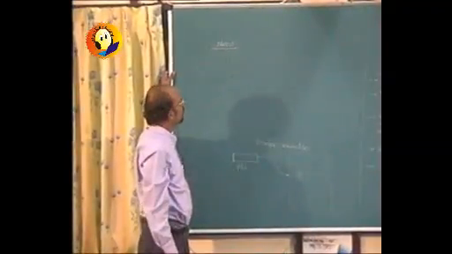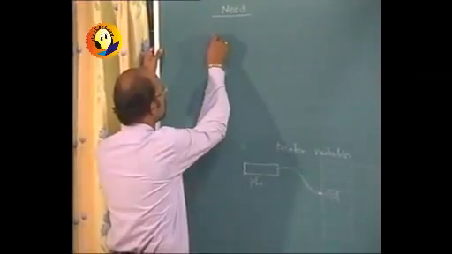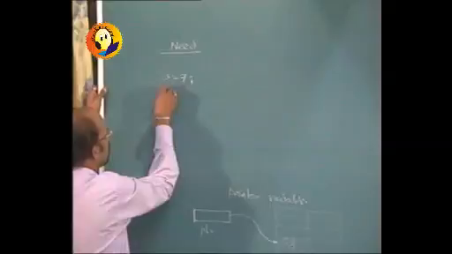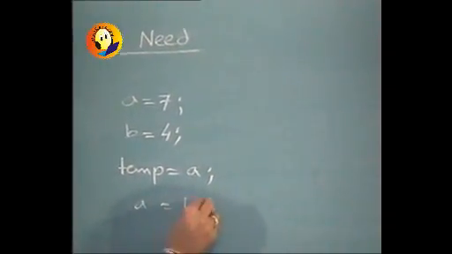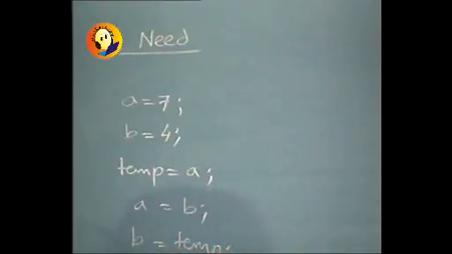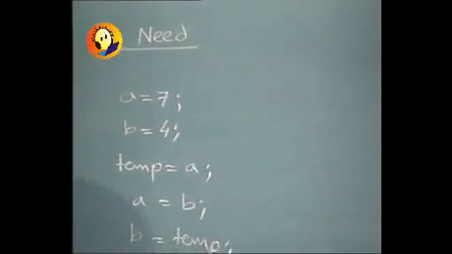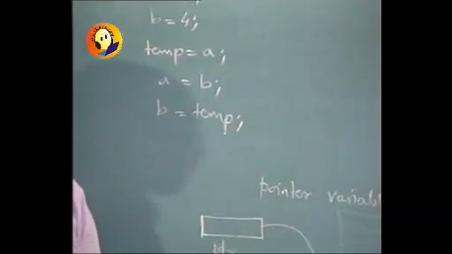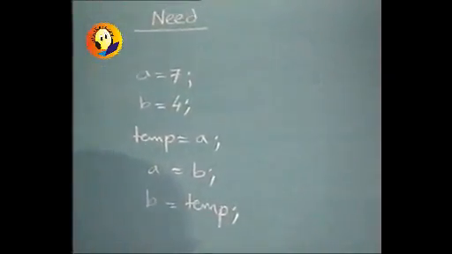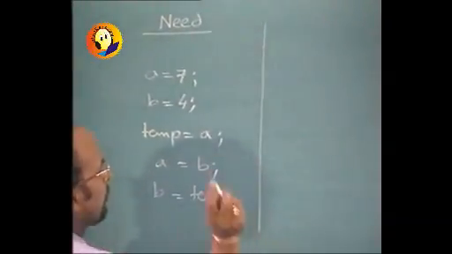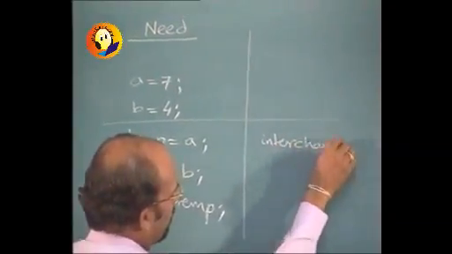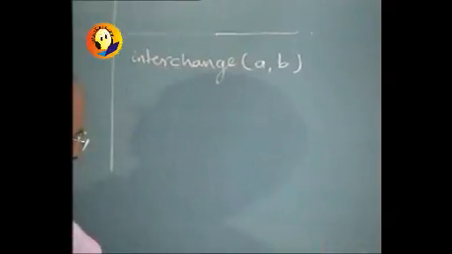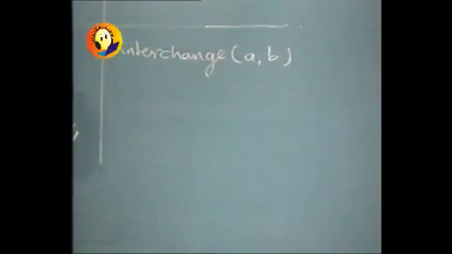Need. One of the very standard code to interchange the values of A and B. Now if I want to use function for it, so the data is already there, I call the function interchange A comma B. How do we write this interchange function?